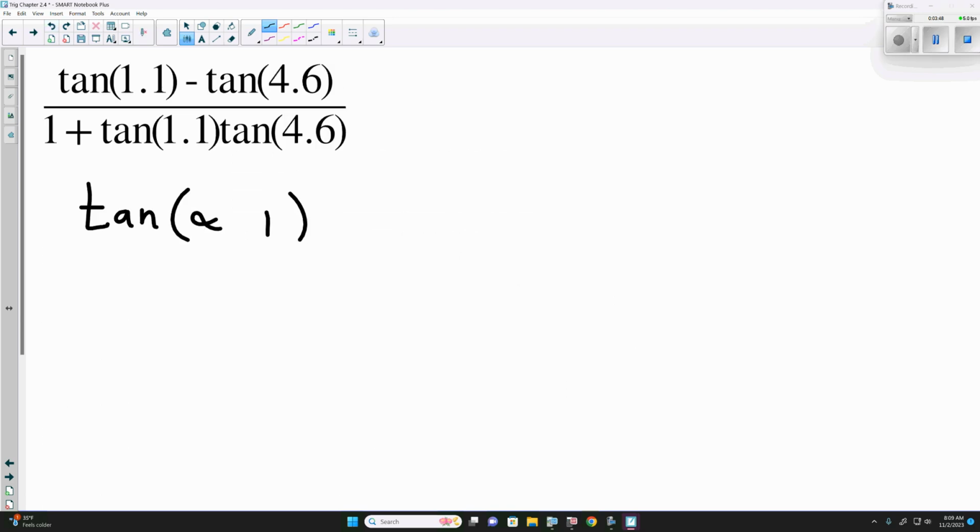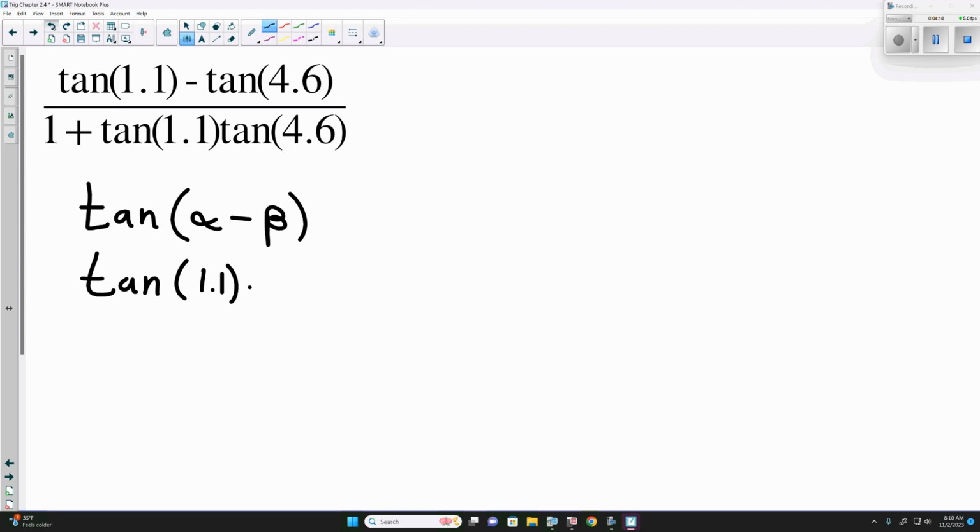So we have subtraction on top, so it's our subtraction one. But again, like I said for the last ones, all we need to do is just compare it to the general forms that we have. To get that there. Now for us, alpha is 1.1.